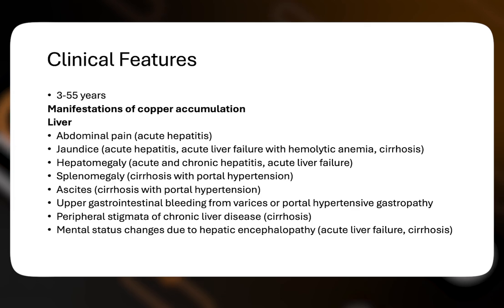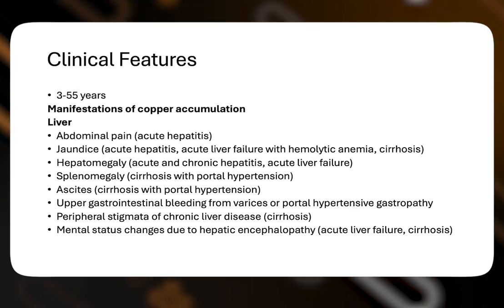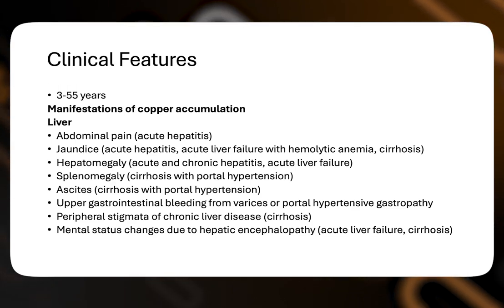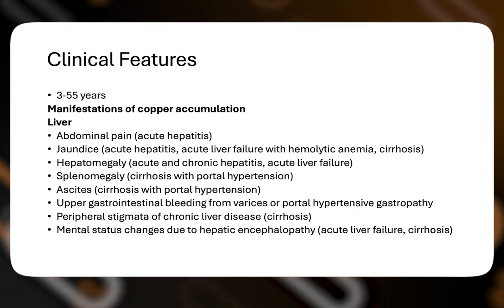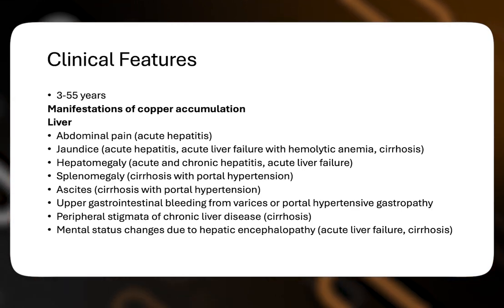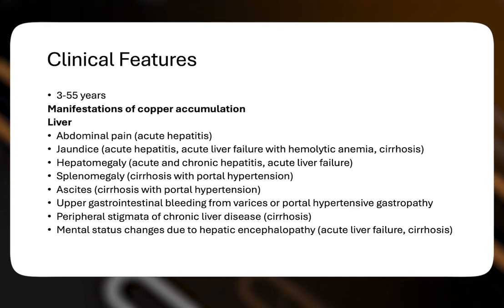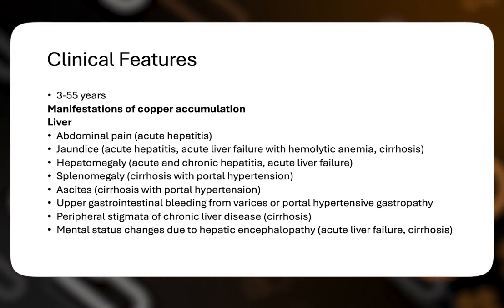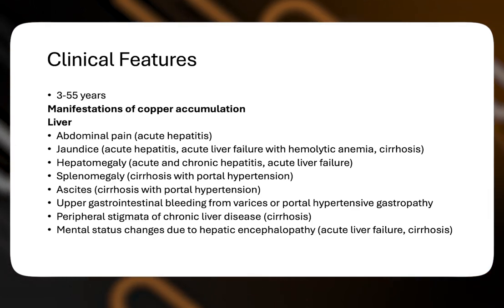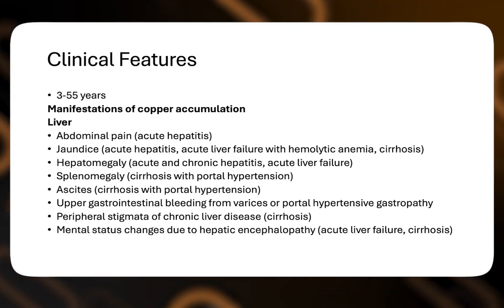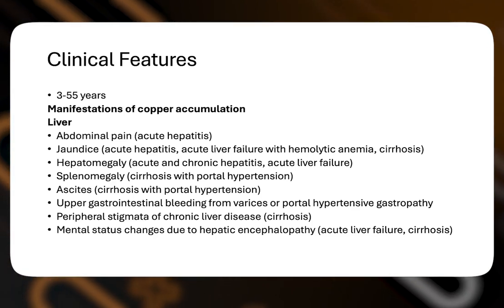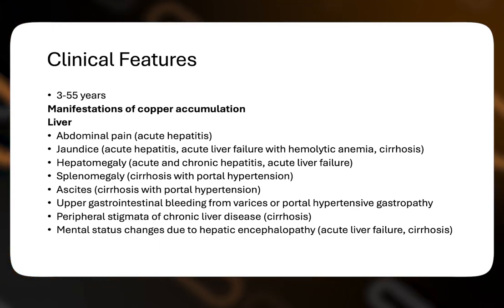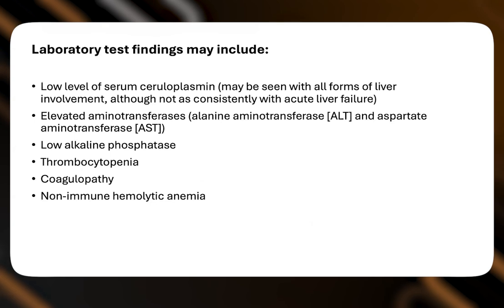It can have all manifestations from acute hepatitis to fulminant hepatic failure needing urgent transplant: abdominal pain, jaundice, hepatomegaly, then signs and symptoms of portal hypertension, varices, bleeding, and chronic liver disease. Most of the entire liver spectrum you can see when copper is deposited in the liver.